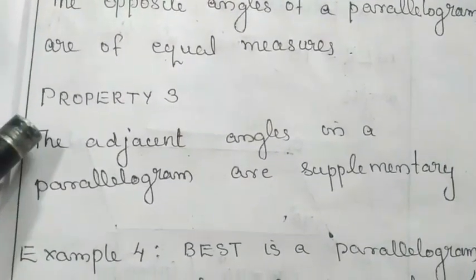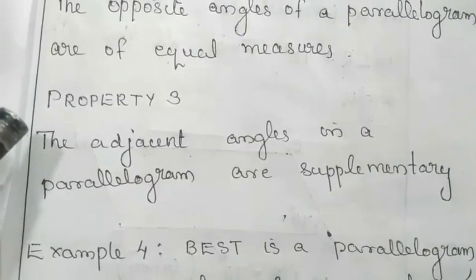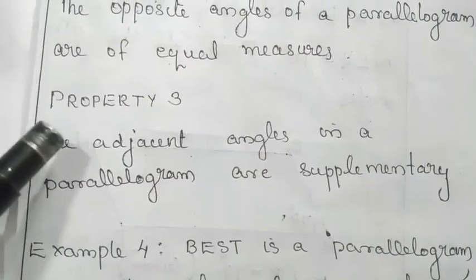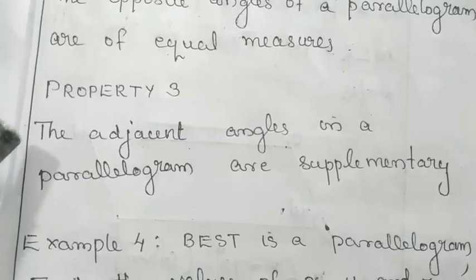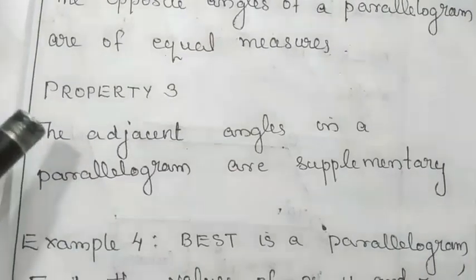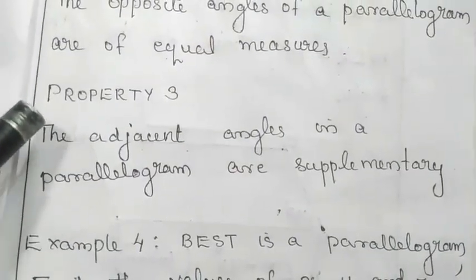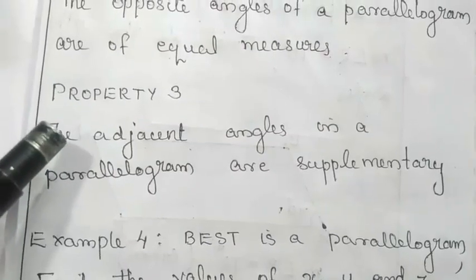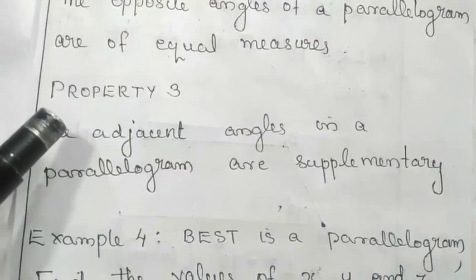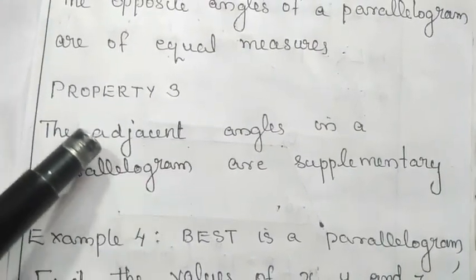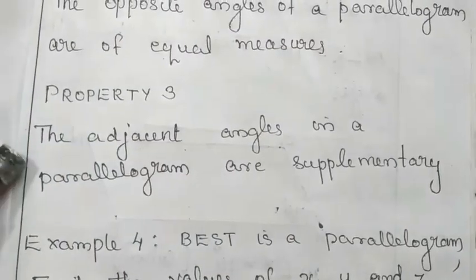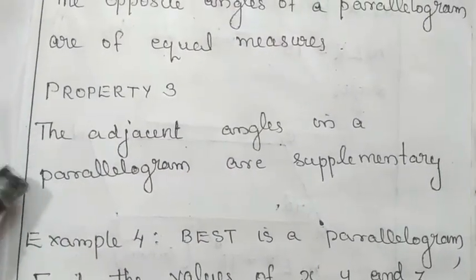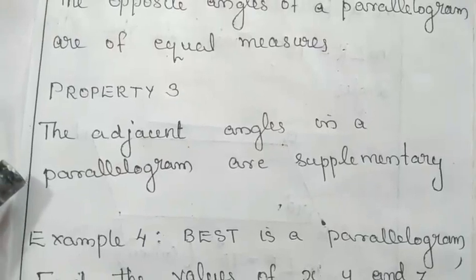What do you mean by adjacent angles? The angles nearby, the angles on a common side, are called adjacent angles. So the adjacent angles in a parallelogram are supplementary.